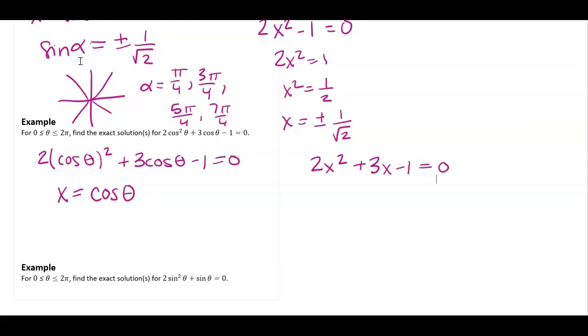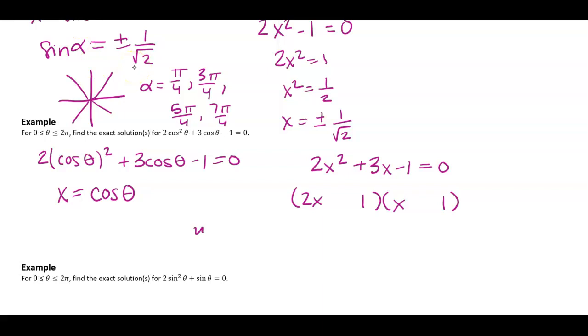I can't solve this one with square root property. I do have to factor. And I need this to be a positive 3, so I'm going to have a positive, nope. This actually isn't factorable. There isn't any combination of negative 1 and positive 1.